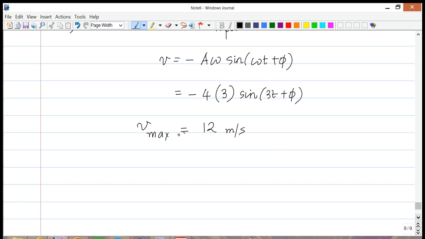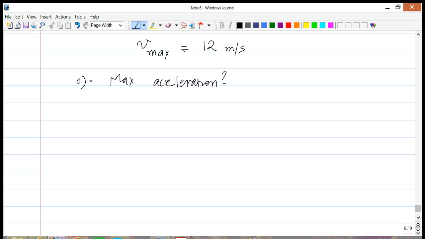So we get that. We can also ask the maximum acceleration. Once again, pause and see if you can answer this. I'll move on with the answer. A is negative A omega squared cosine omega t plus phi.